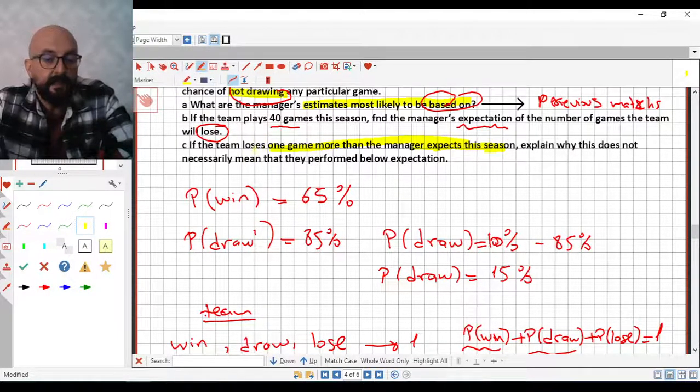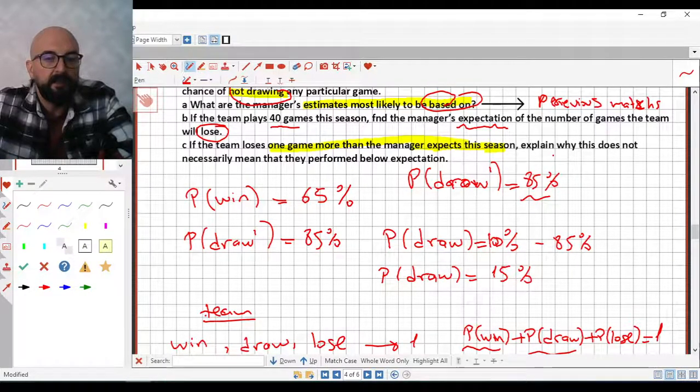Maybe the team loses one game more than the manager expects, but please remember that the probability of the complement of draw is 85%.